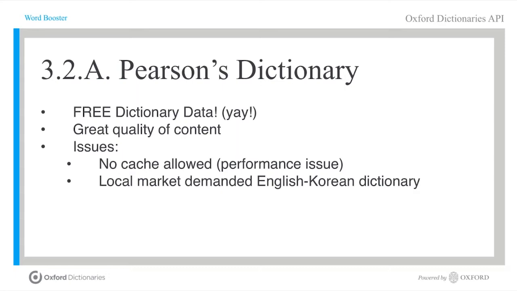Okay, I loved the content, and then I learned that Pearson provides that data free of charge. Well, I'm telling something maybe the Oxford guys may not like, but still, it's how I came to it. Okay, it's free of charge, and I haven't really checked them out recently, but from what I know, Pearson is one of the first dictionary publishers that provided API service on the internet free of charge.